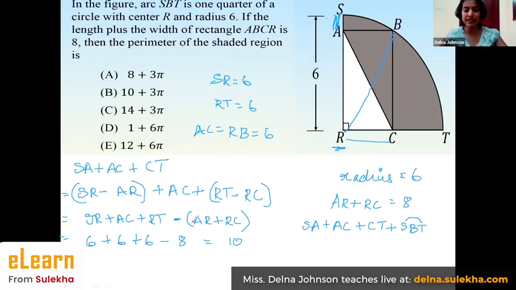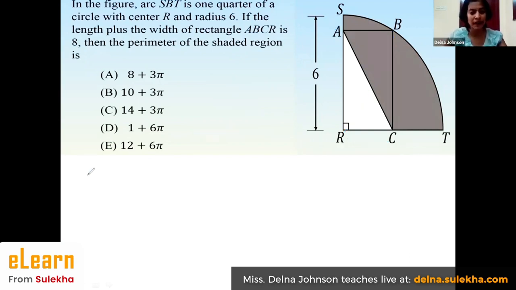So now you need to basically find the arc SBT. What is the arc SBT? The arc is 1/4 of the circle, which is given here.